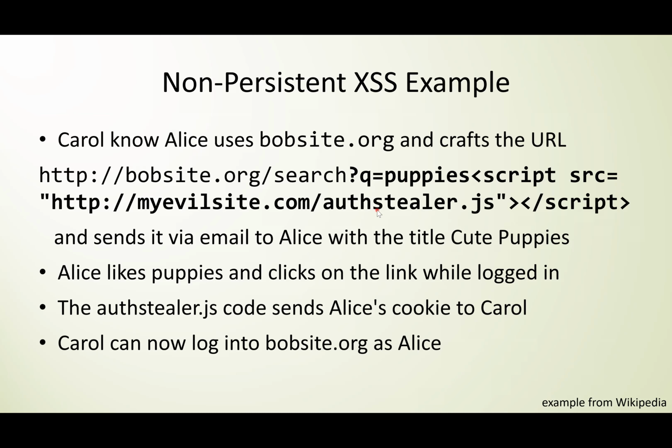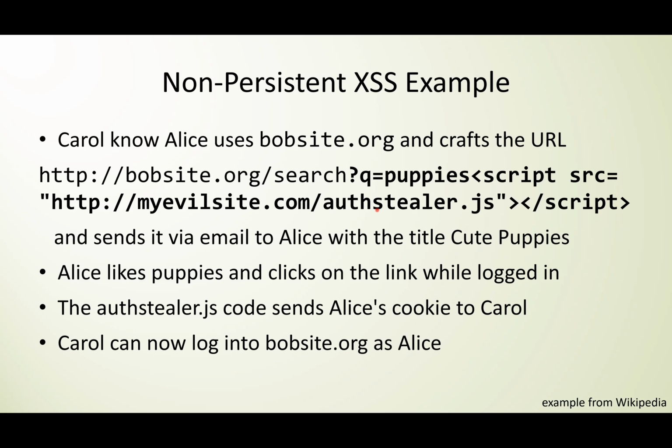Again, it's reflected back from the site, because most sites are going to display the query. So the query was puppies. When it displays the query, it's going to display the script. It's then coming from the website, so it's going to be interpreted, and it executes that JavaScript.